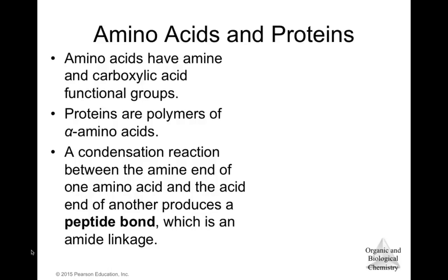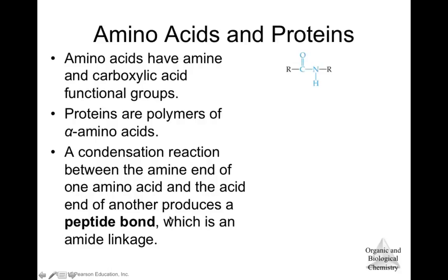So remember that one amino acid has both functional groups. In one end, it has an amine, and in the other end has a carboxylic acid.